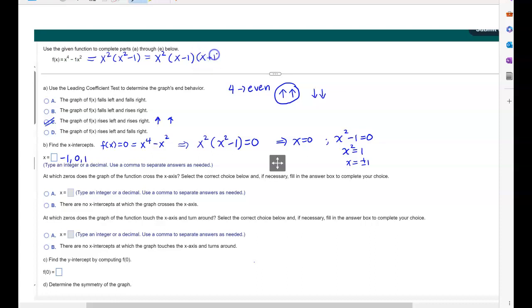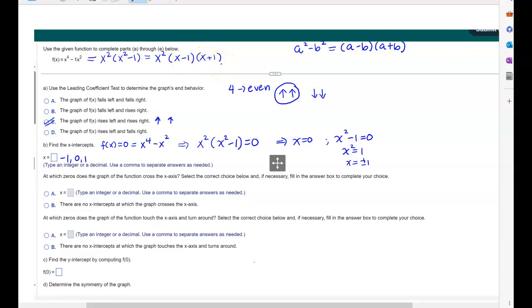If you have a squared minus b squared, you can factor this as a minus b times a plus b. So x squared minus 1 can be factored as x minus 1 times x plus 1.